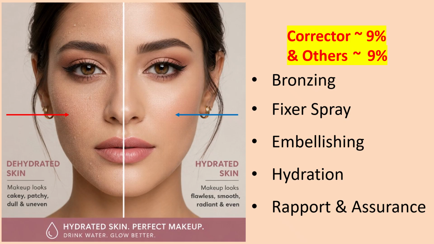The red arrow points to a makeup work on dehydrated skin, and the green arrow points to the same makeup work on hydrated skin. You can see the difference. Vast difference. If the green arrow, if the grade point is 4.3, then the red arrow could be 4.0, 3.9.